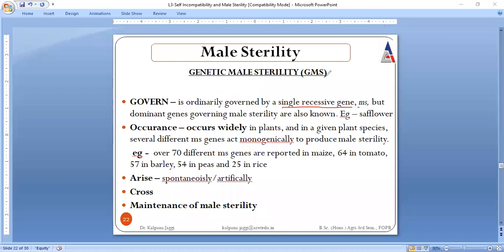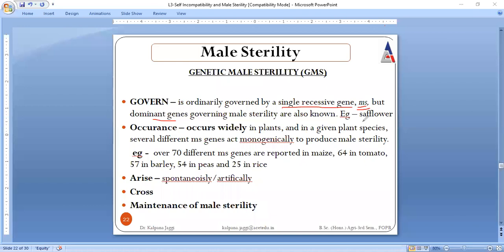The male sterility is governed by a genetic character, and the genetic character is recessive in nature, but sometimes dominant genes are also present that govern male sterility.